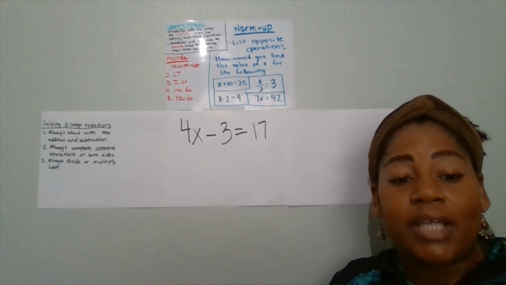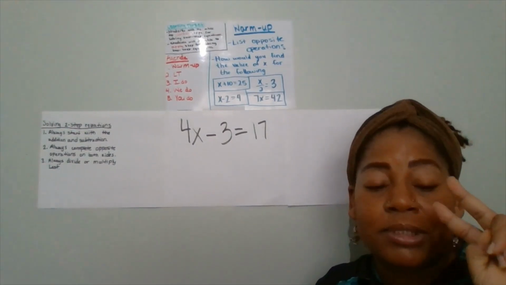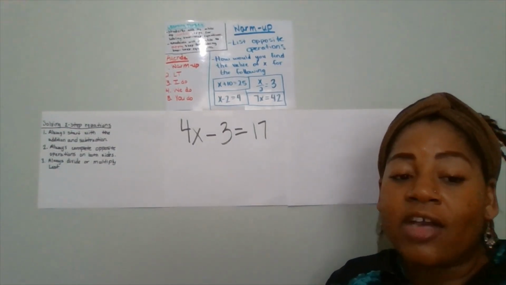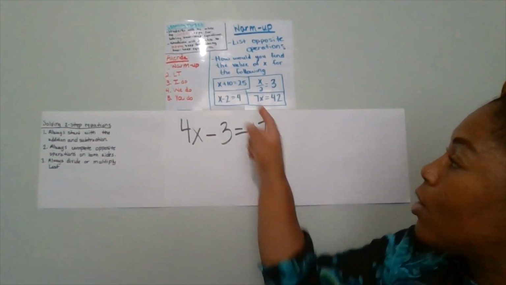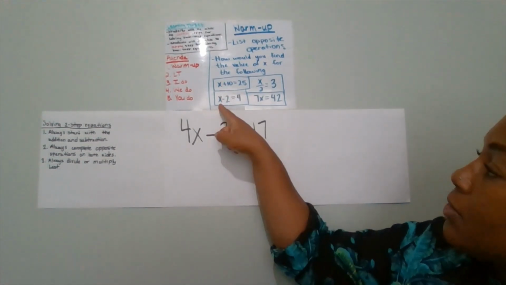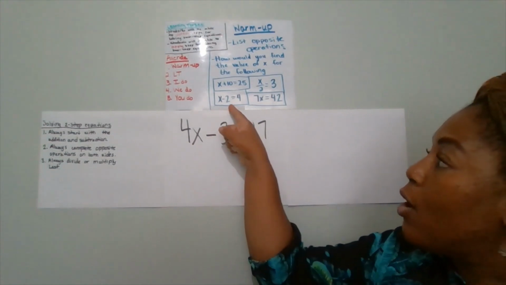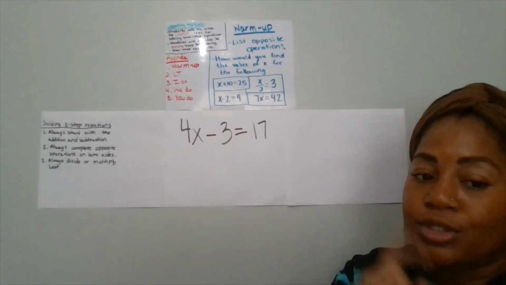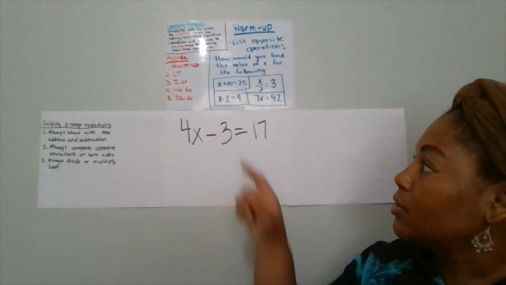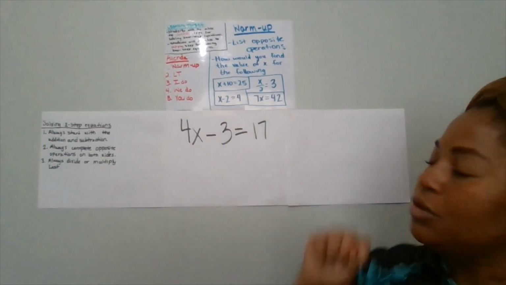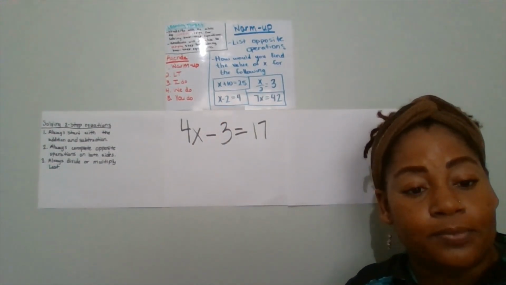It means it's going to take us two steps to solve it. If we look back at our warm-up, x minus 2 equals 4, it only takes us one step to solve that, right? Add 2 to both sides and we will get our answer.